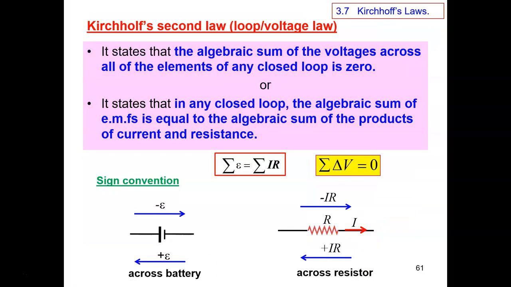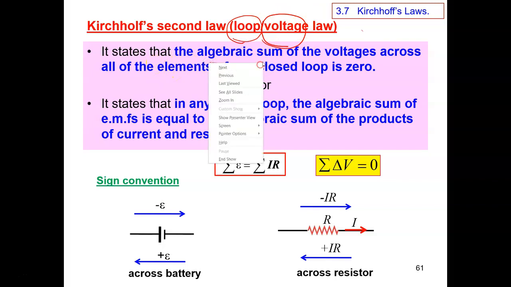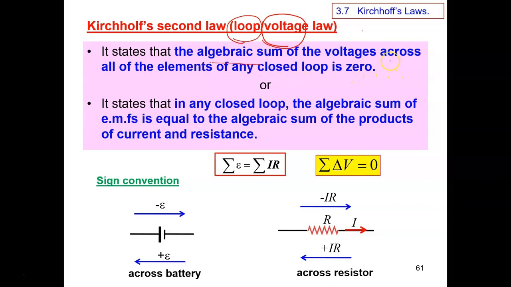Right, that was the first law, and then this is another important law of Kirchhoff, which is the second law, also known as the loop law or voltage law. What does this law state? It states that the algebraic sum of the voltage across all of the elements of any closed loop is equal to 0.